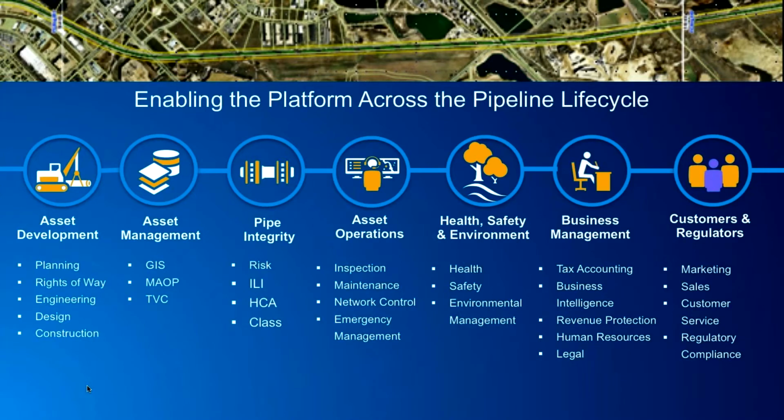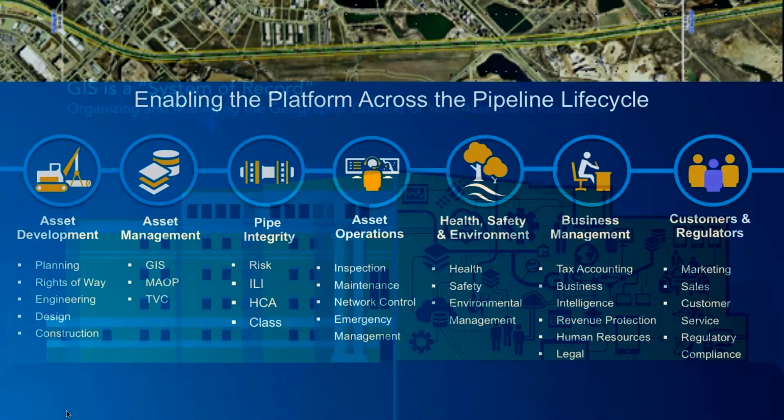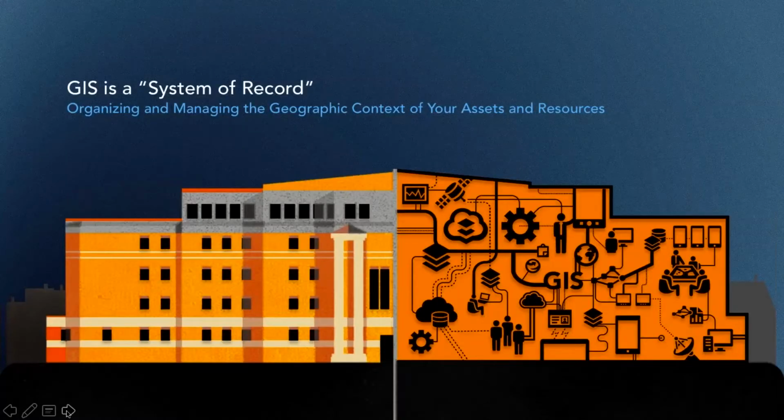So all of these groups within the pipeline organization really pull from a common set of data, the single set of truth about those pipeline assets. And so we commonly refer to that as our system of record. So the system of record is not only the GIS, but all those other interconnected systems within the pipeline organization that hold key elements or key data about the pipeline assets and their operations.